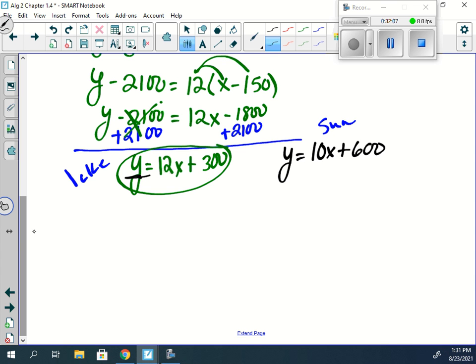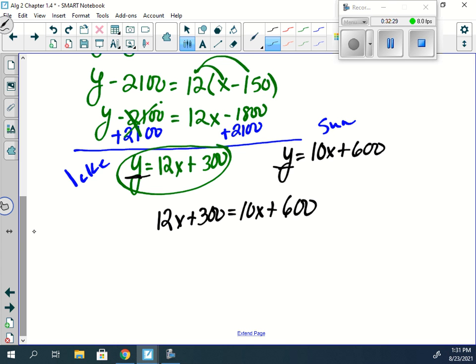So we're looking for when the two y values are going to be the same. So what we can do to find that is just set them equal to each other and solve for the value of x, because we can see where they will be the same cost.